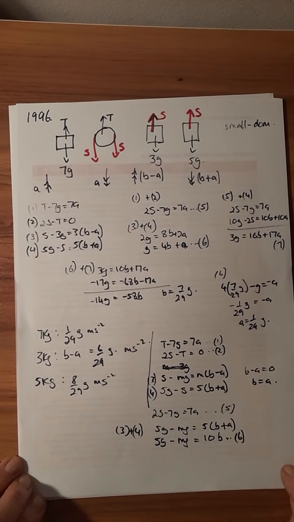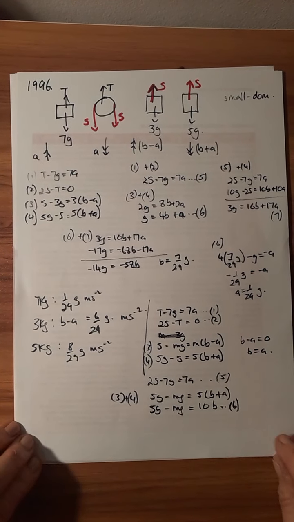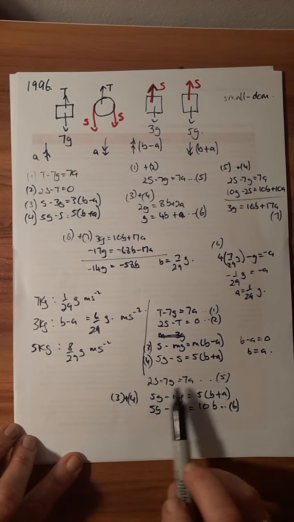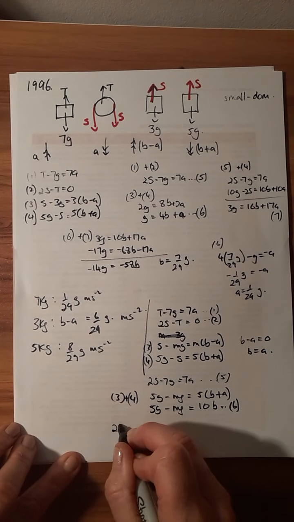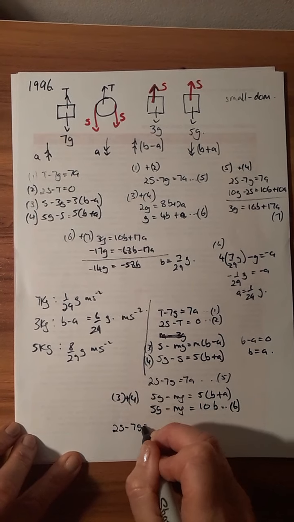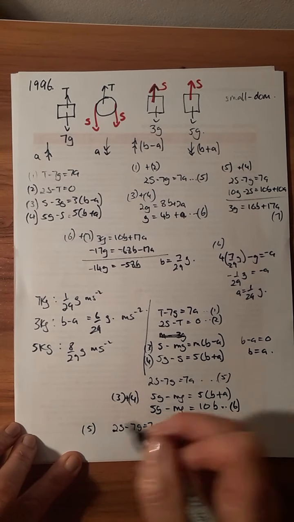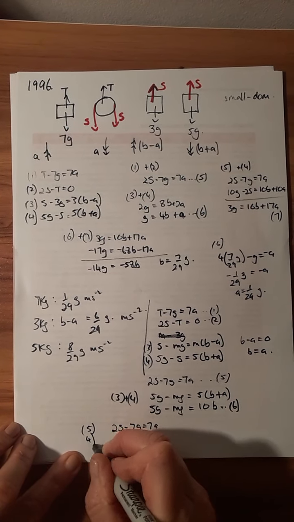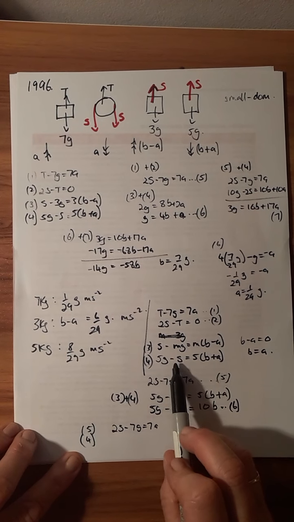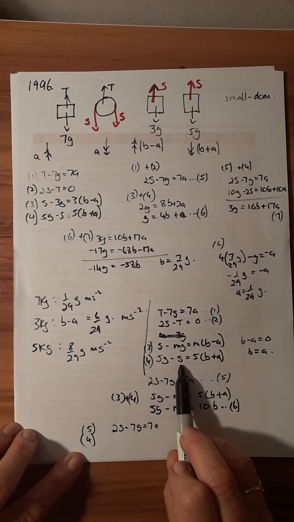Taking equation 5, which is 2s minus 7g equals 7a, and equation 4, which is 5g minus s, I'll double it so I can get rid of the s's.